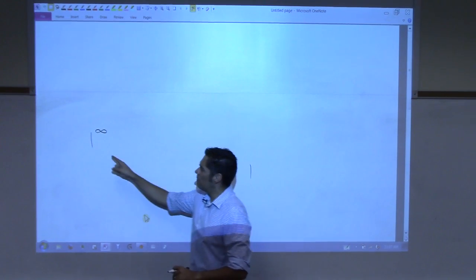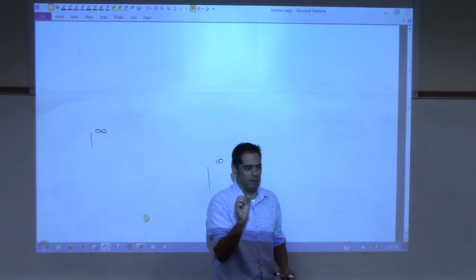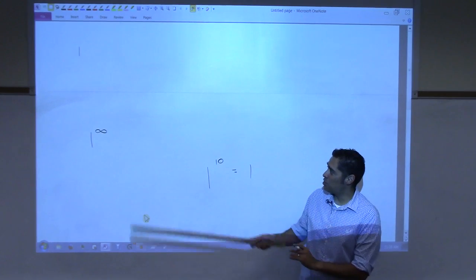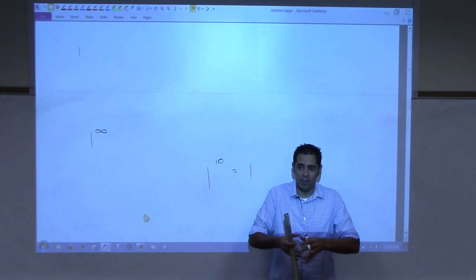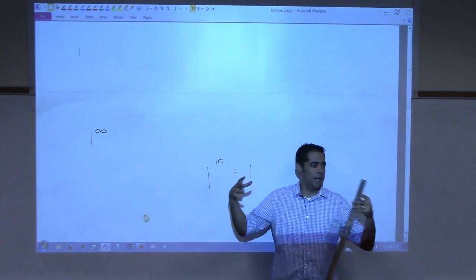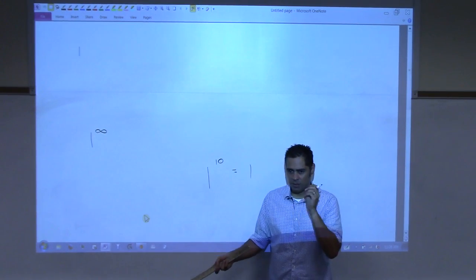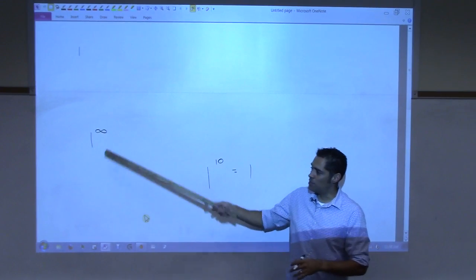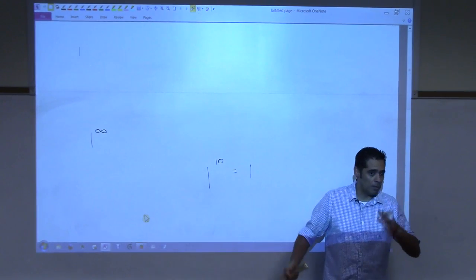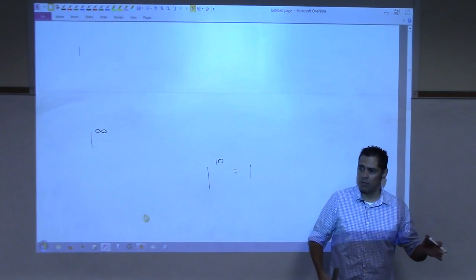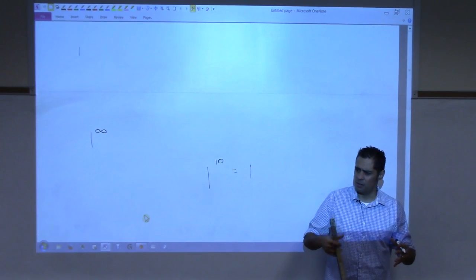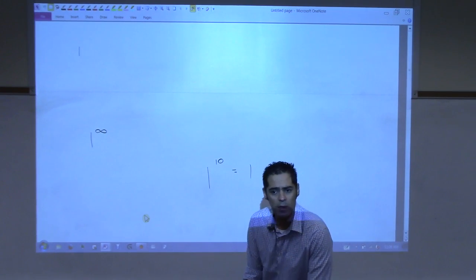So if this number is just a little bit bigger than 1, and we raise it to an infinitely large power, it's going to start to try and make it bigger. The key is that this base is not 1, it's close to 1, and that the power wants to just make it bigger, right? Multiply it times itself over and over and over and over, so it should get larger. Does that make sense? So this again is an indeterminate form.